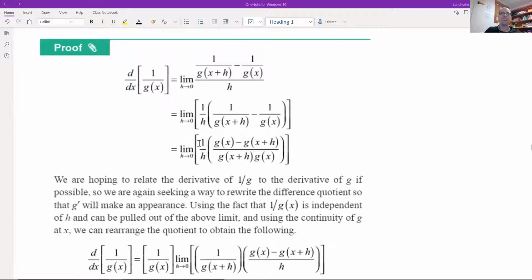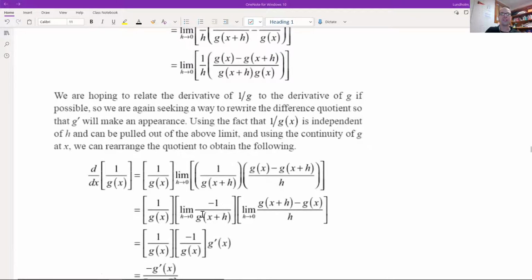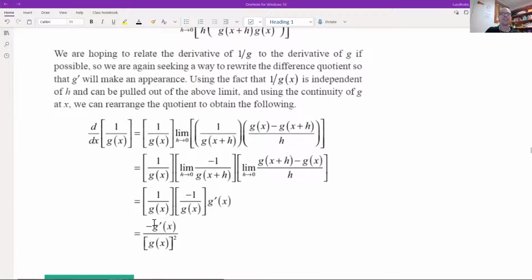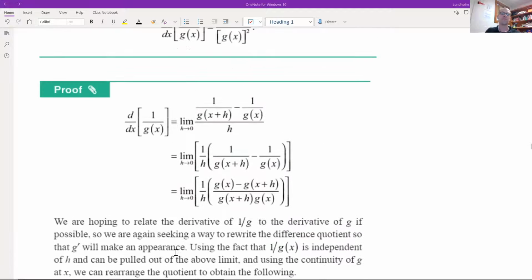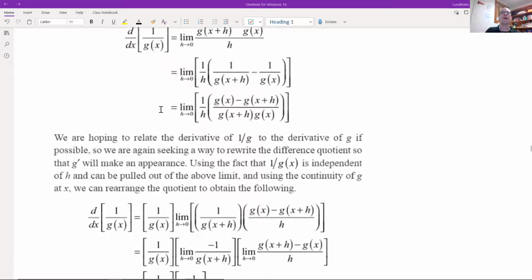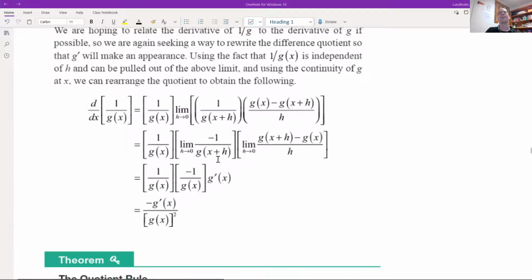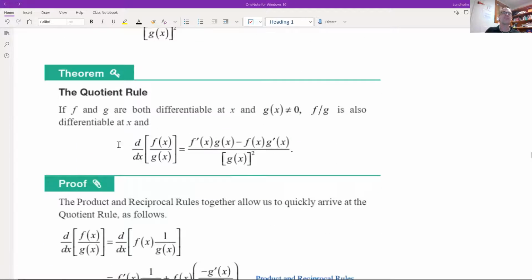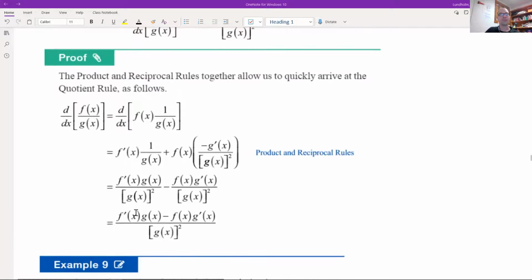But yeah, in the end, what you get is the derivative of g on top, I guess with a negative sign, and 2 copies of g on the bottom. So that's kind of cool. That's the reciprocal rule. Don't worry about memorizing it. But it's going to make the proof of the quotient rule, which is something that we actually do want to memorize, a lot easier. It makes the proof quite short.